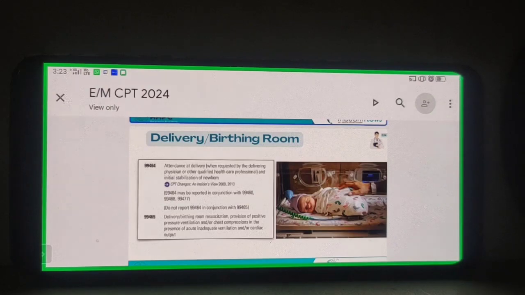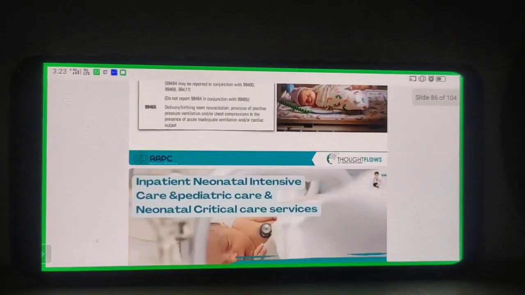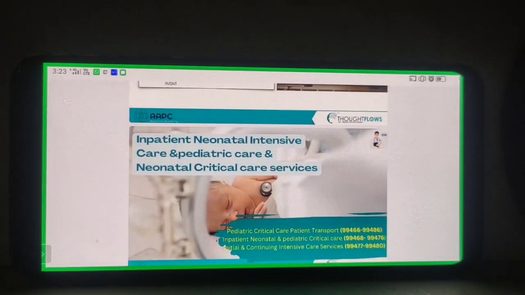Did you understand? These two code sections are for reporting in which facility? Birthing room, labor ward, delivery room. Then inpatient neonatal intensive care unit.